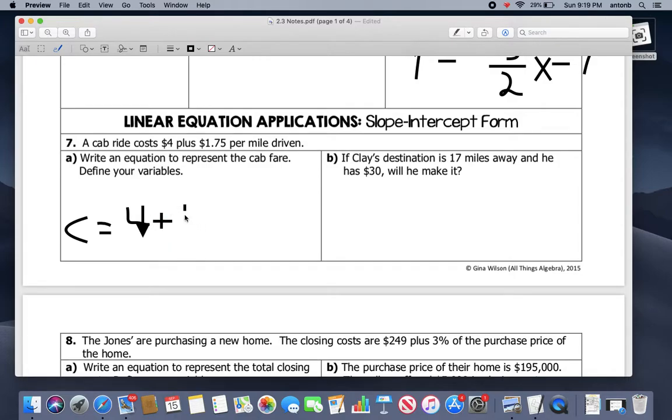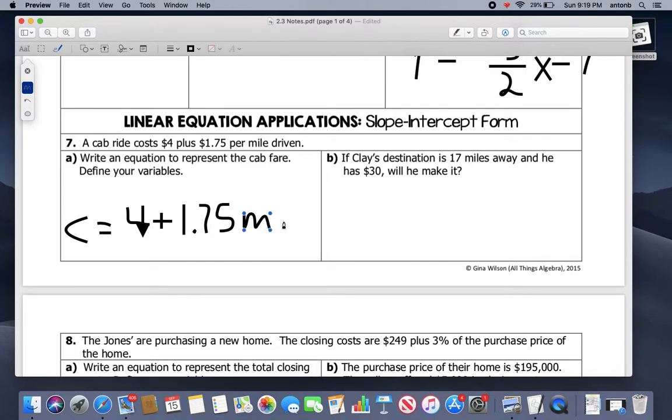So this is $1.75 times the number of miles. Now, obviously, your variables don't matter, but it makes sense to use letters that represent what we're looking at. Okay, so in this case, C equals 4 plus 1.75 times M.